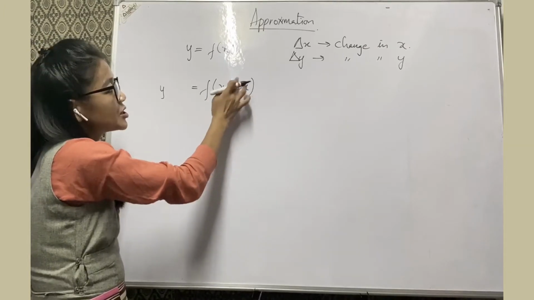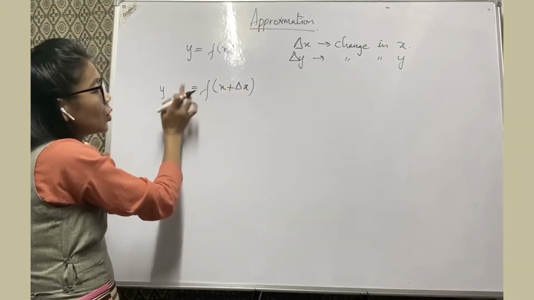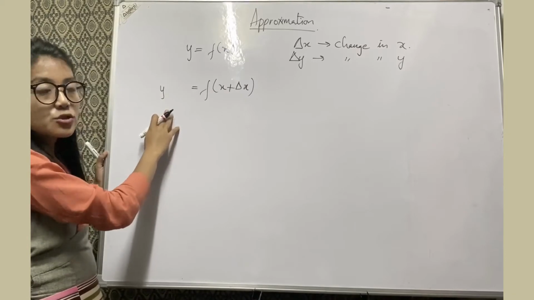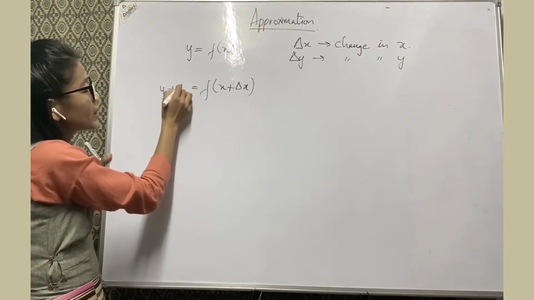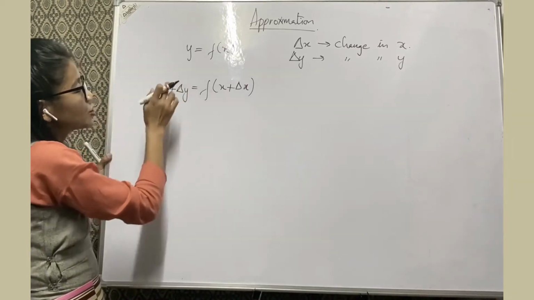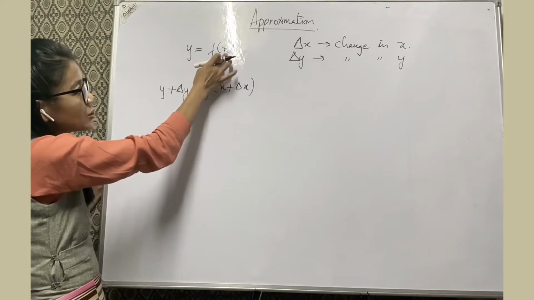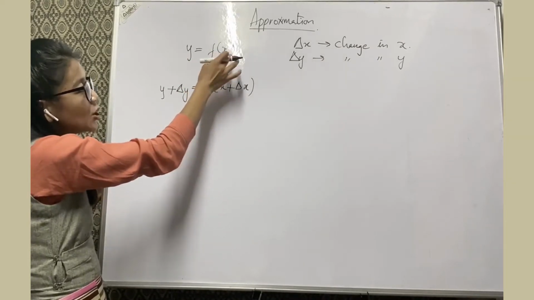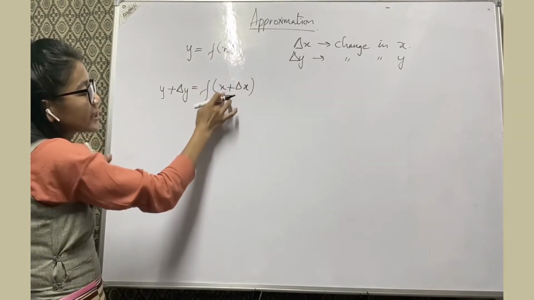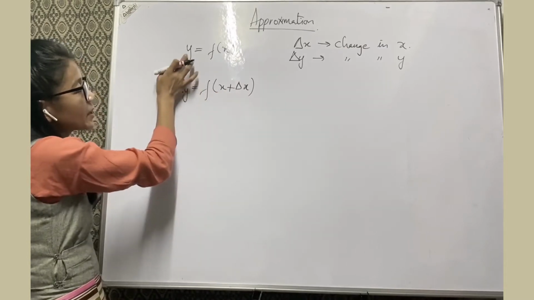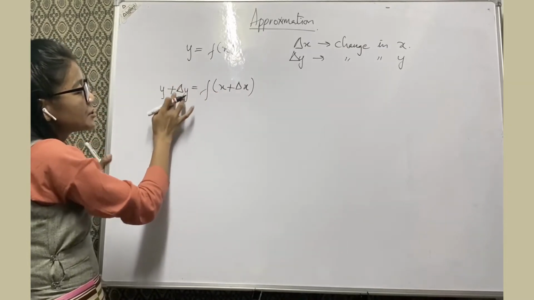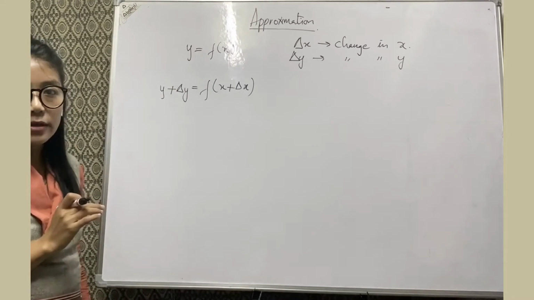I had made some changes on x, so you will get a corresponding change on y. That change you can write as delta y. So your original function is this, where your independent variable is x. Since you are changing x to x plus delta x, there will be a corresponding change on y, so that change is denoted by delta y.